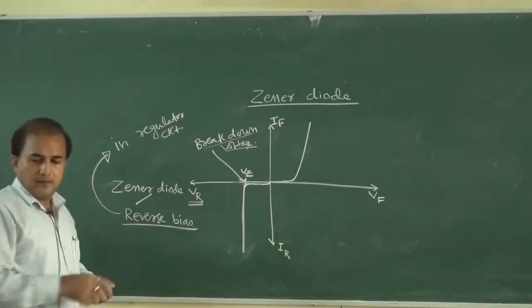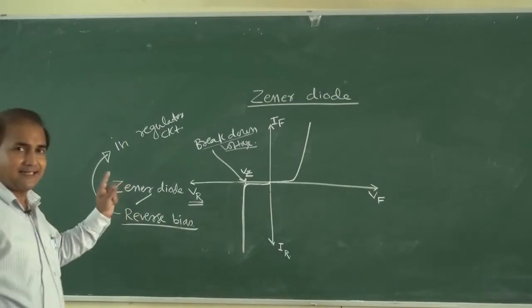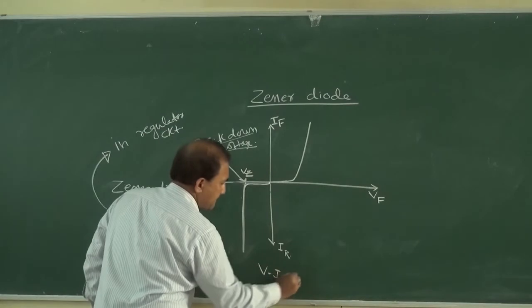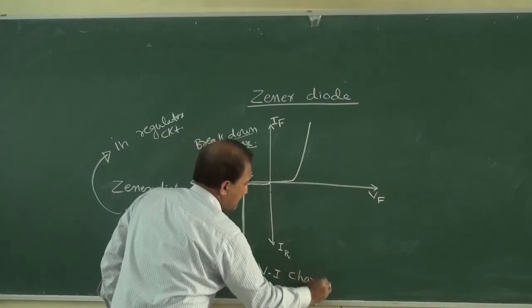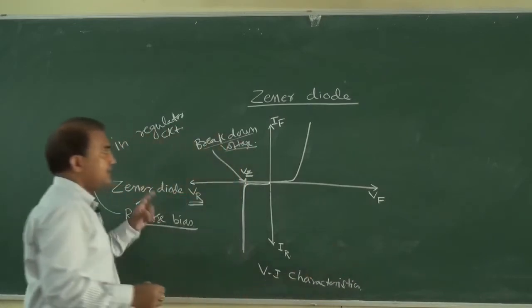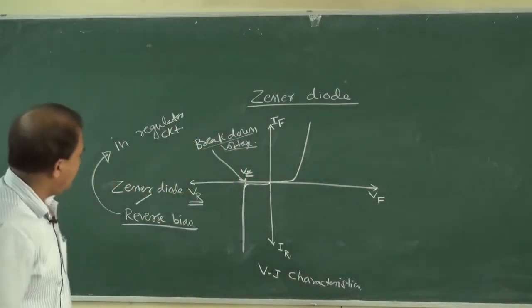Okay, so this is the VI characteristics of a Zener diode.